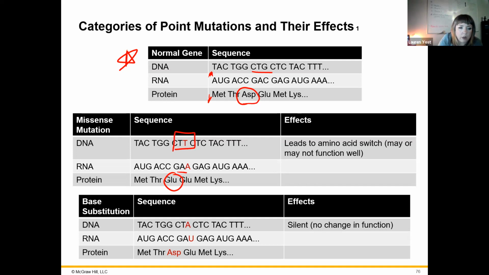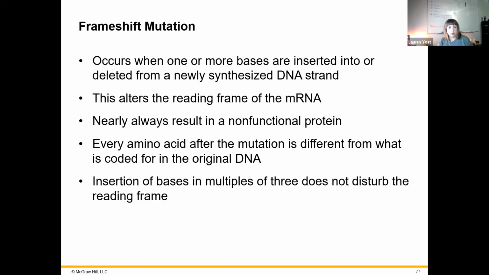So that would be GAA in the RNA, and that now will code for glutamate instead of aspartate. So that's an example of a missense. We could go through the other ones as well, but there's other ways we can screw up your genetics, basically.